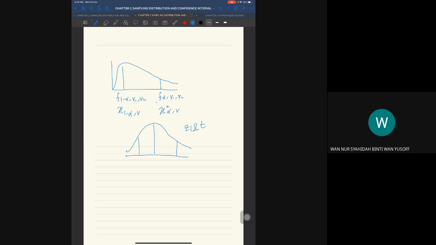That's why here we have Z and here negative Z. Because it is symmetric, the lower bound and upper bound confidence intervals have similar critical values.